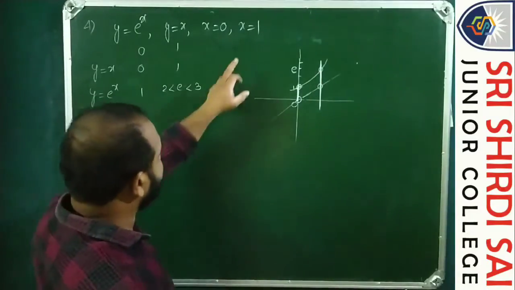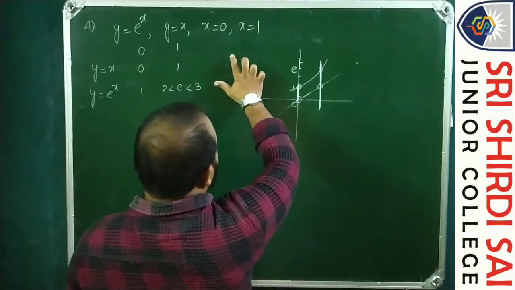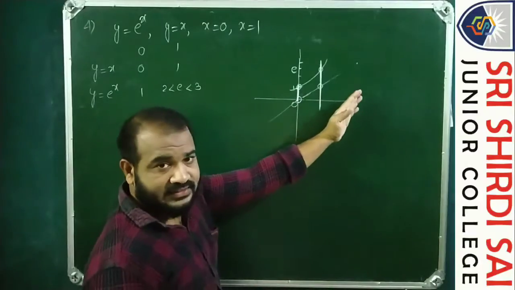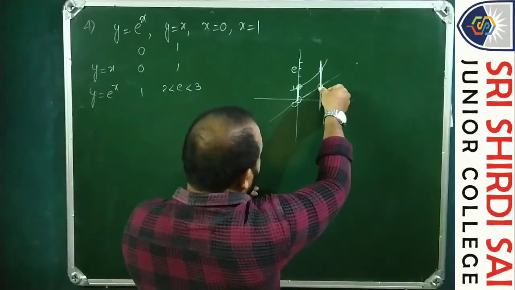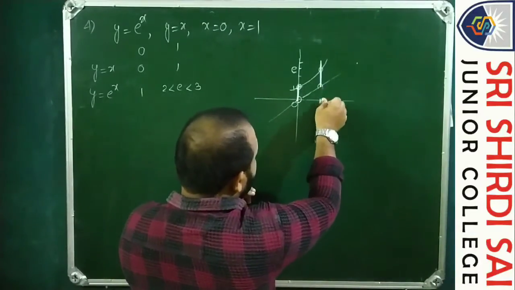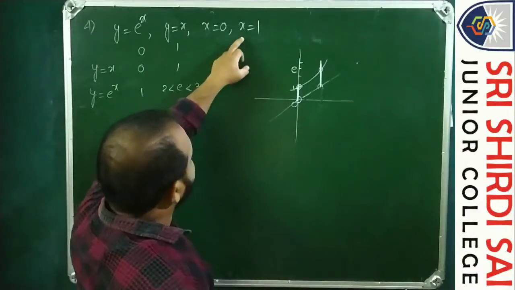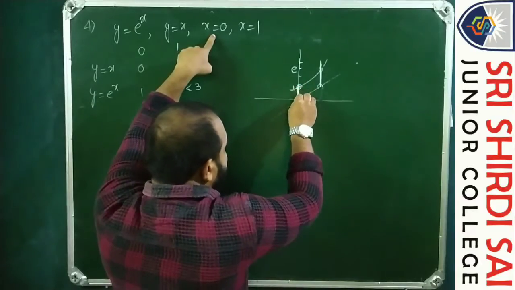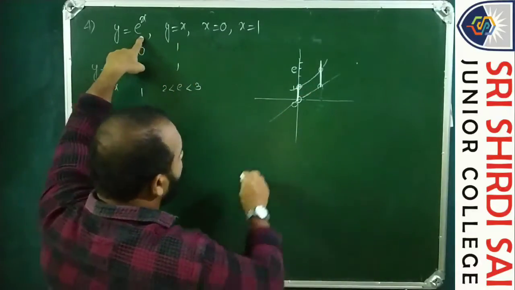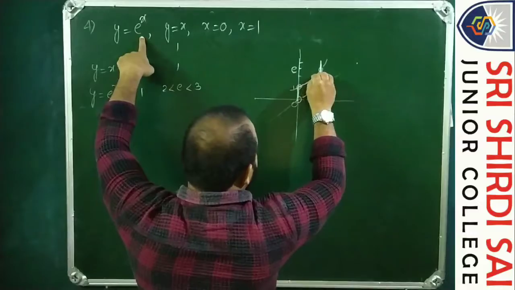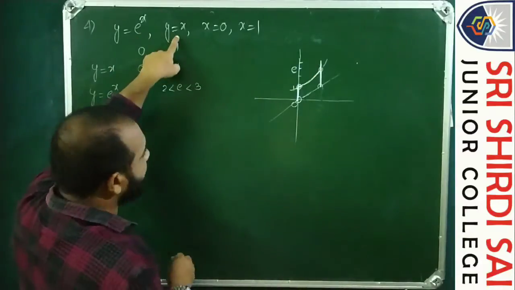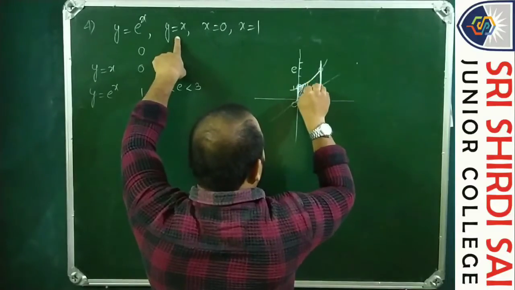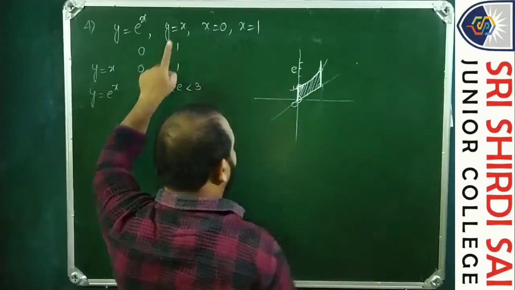X equals 1 is a vertical line, parallel to the y axis, so that is this line. X equals 0 is the y axis, this is the e power x curve, and y is equal to x is this line. So this area we are required to evaluate.